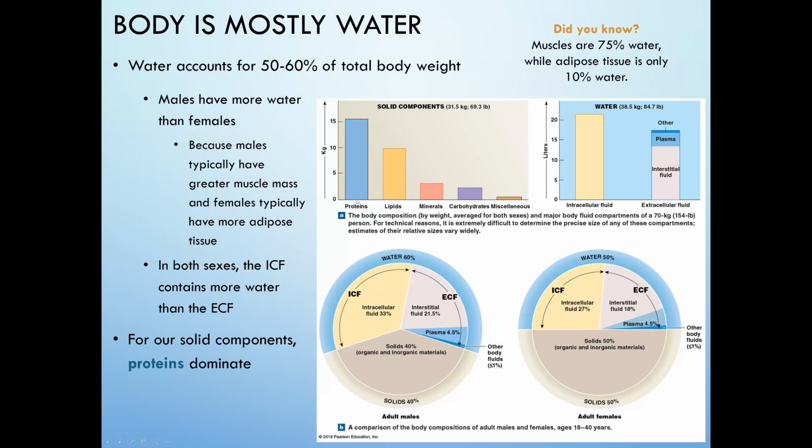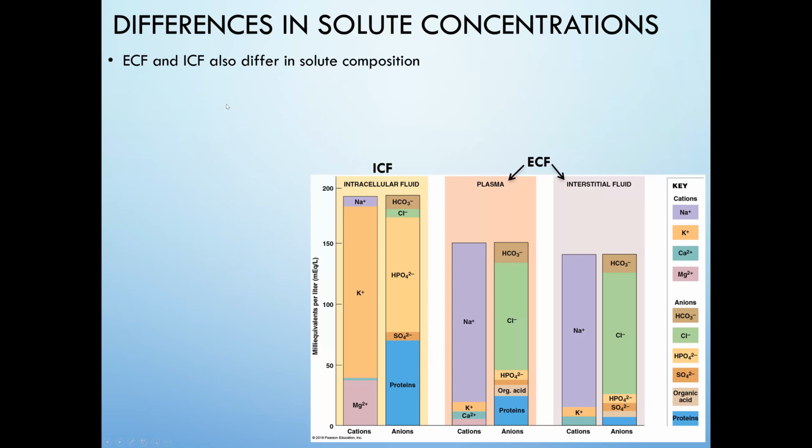So, as I mentioned, the ECF and the ICF can have very different electrolyte or solute compositions. In this graph down here, we're showing the ICF on the left. We're also showing the plasma and the interstitial fluid, but keep in mind that both of these are part of the ECF.